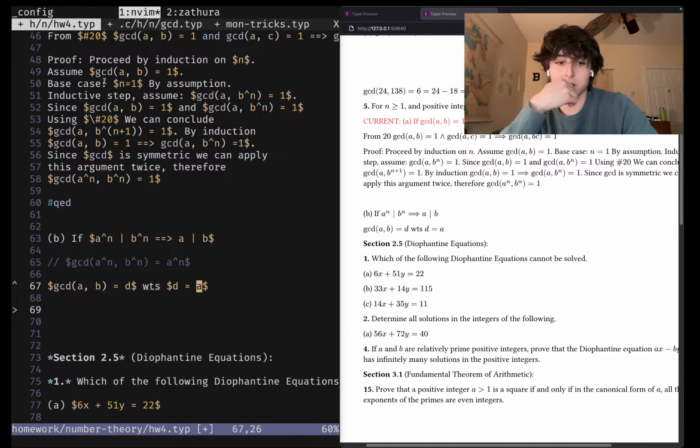Let's see. I hope it's gonna work. Want to show that D equals A. We can write now A as some multiple of this D, and B again as some multiple of this D, just because the GCD divides both of them.